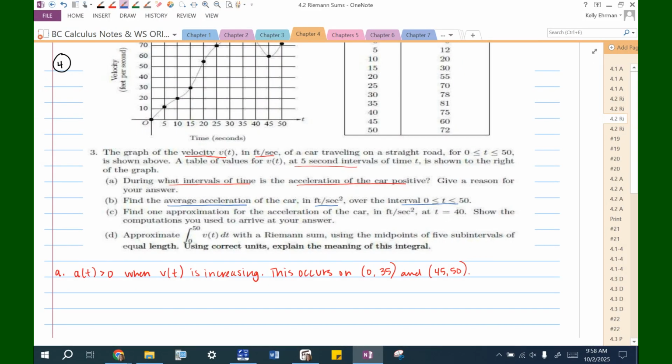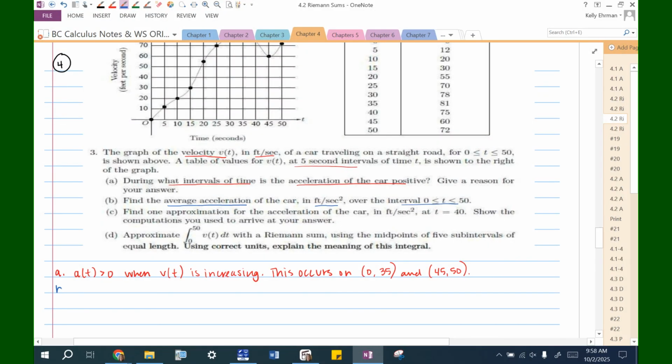Now, remember, normally if I have an f of x graph, a position function, I would say find the average velocity, and you would say, oh, that's change in y over change in x. This is the same thing. The average acceleration is the change in velocity, y over x.